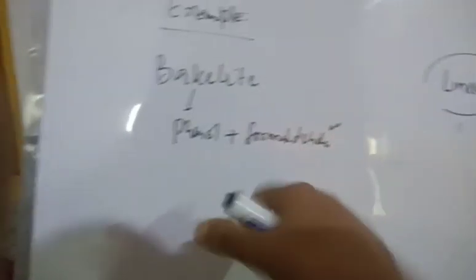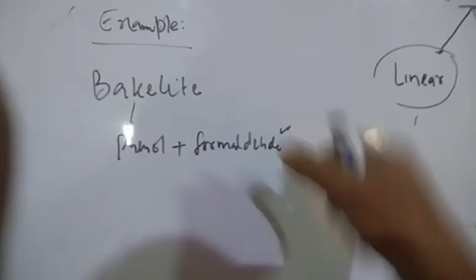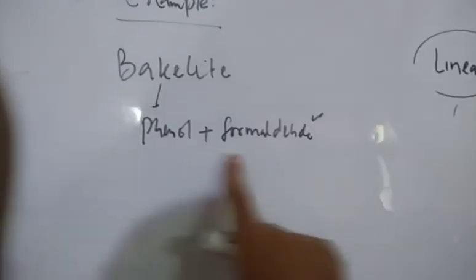We will not go into the depth of it here. We have prepared lectures and we have prepared this in the lab also. You can look at the video lectures. Videos are also available, and its theory is also available. So it is phenol formaldehyde resin. It's called bakelite. Example number 1.